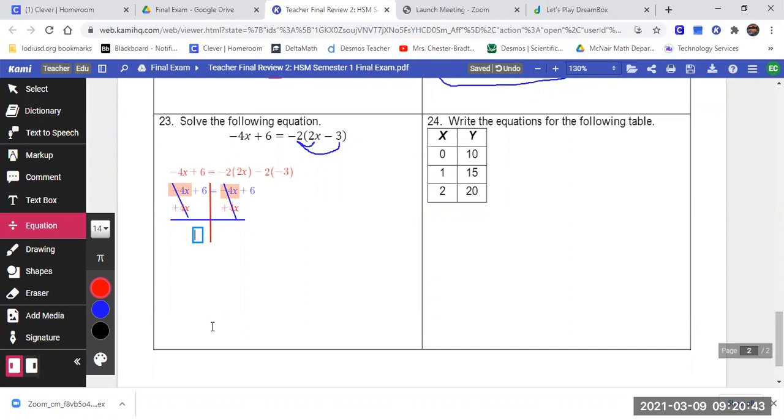What's left? 6 on the left side equaling 6 on the right side.